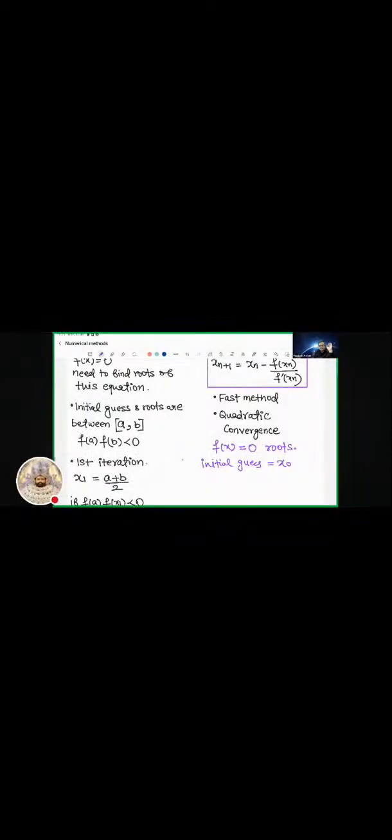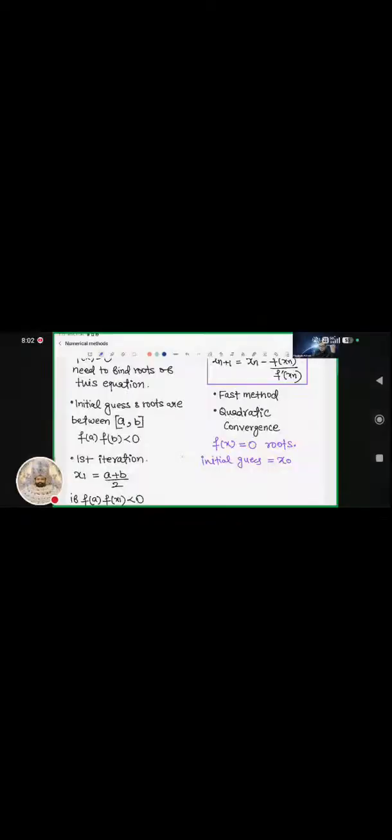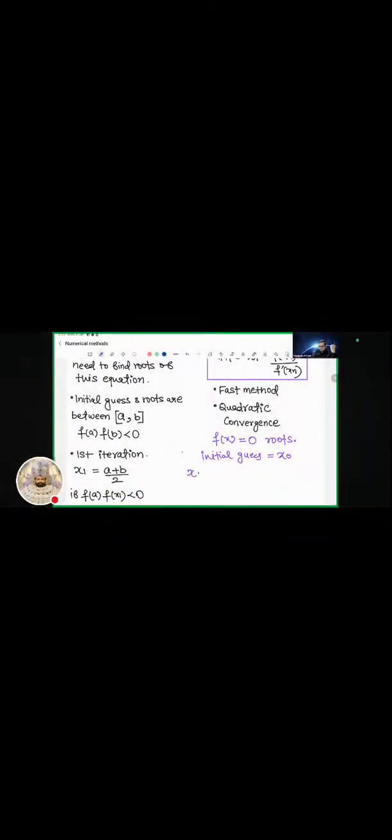Once I know the initial guess, then the first iteration is the process to reach close to my answer. So what will be x1? x1 means the new, improved value of the root. For example, let's say my root is 3 and I'm starting with an initial guess of 1.